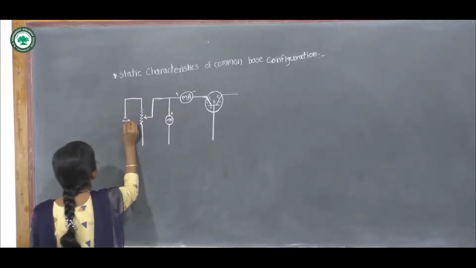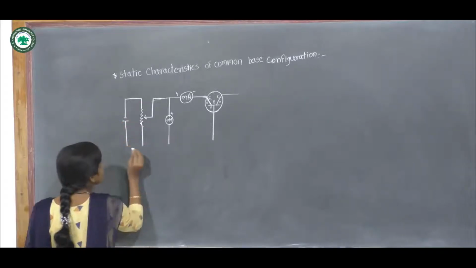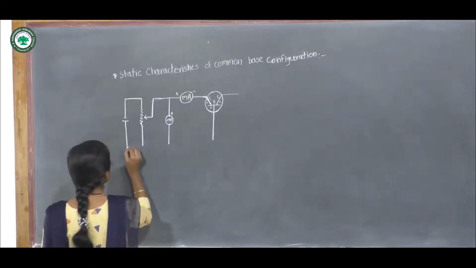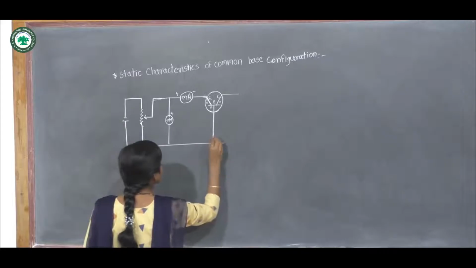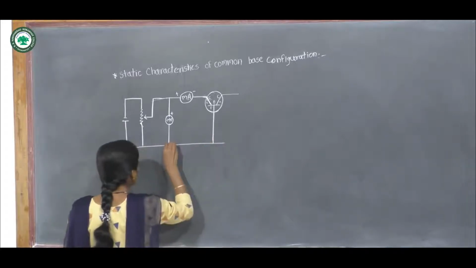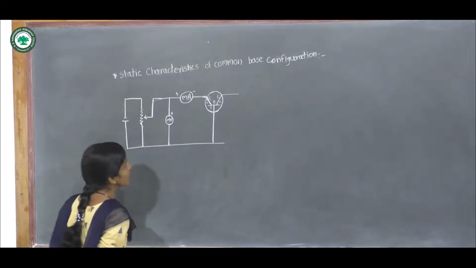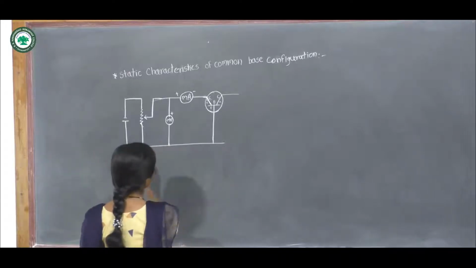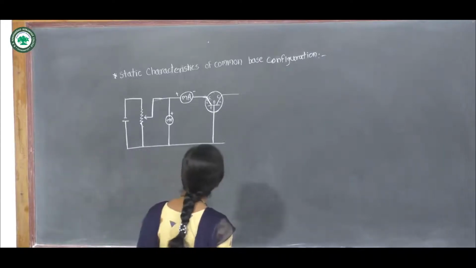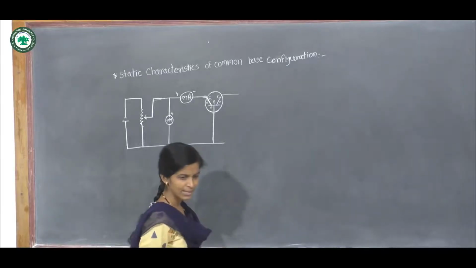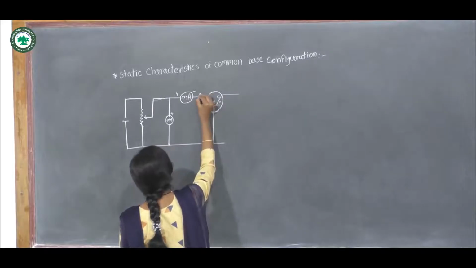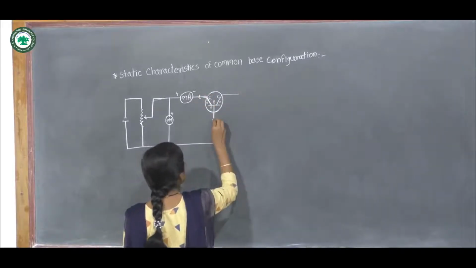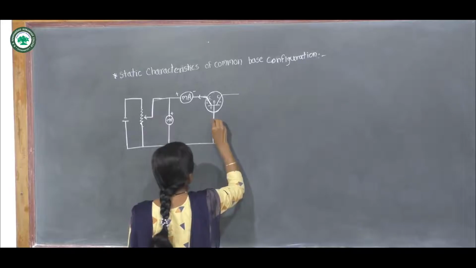So this negative terminal is connected to the emitter and positive terminal is connected to the base. This is the input portion for this common base configuration, and this is the direction of current IE and this is the direction of current IB.